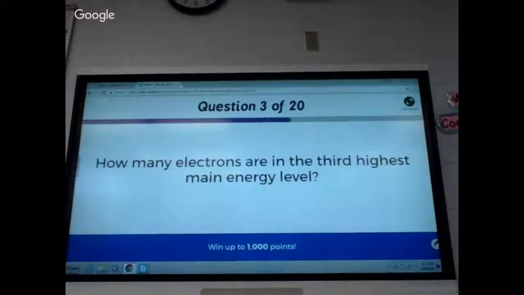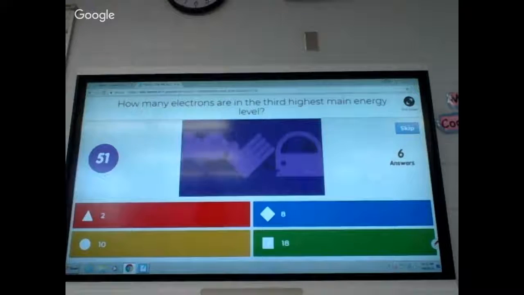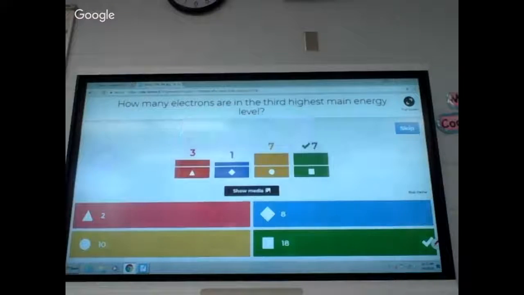How many electrons are in the third highest main energy level? All right.